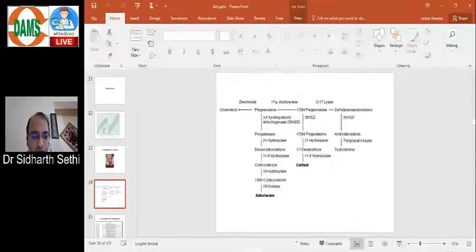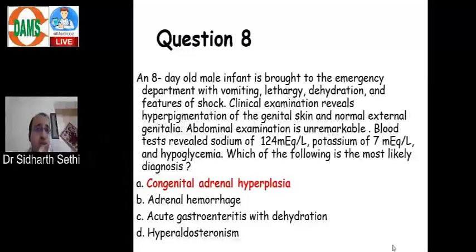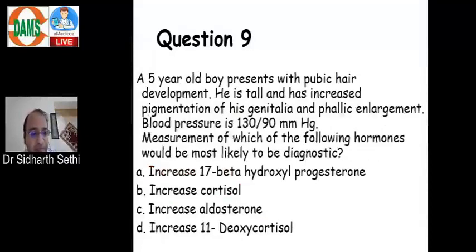Mineralocorticoid is fludrocortisone, and glucocorticoid is hydrocortisone. So we give hydrocortisone with a mineralocorticoid. So this is a classic salt wasting crisis in a child. This screen of 17-hydroxyprogesterone should be done in all newborns all over the world.